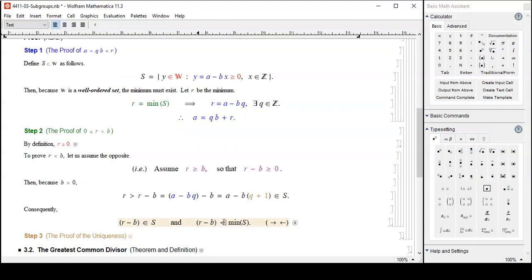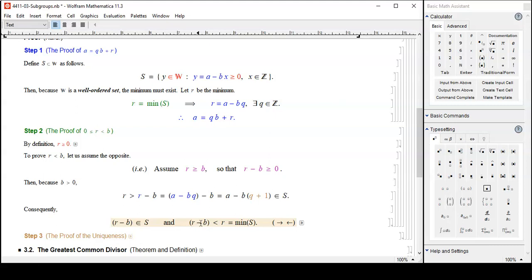And R is supposed to be the minimum of the set S. R minus B belongs to S, but it's less than the minimum. There goes a contradiction. R is the smallest element, but I found something even smaller inside this set. So there goes a contradiction.